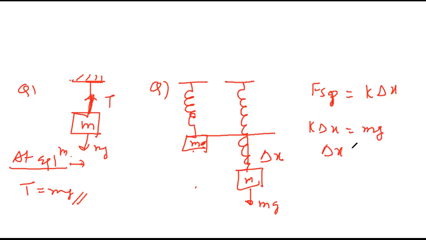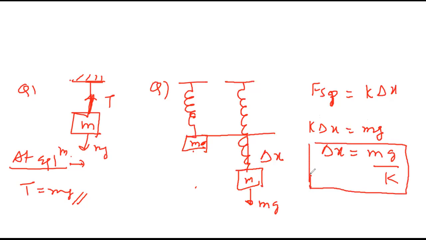So from this I can say at equilibrium delta x will be mg upon K. Yes, sir. Now delta x is mg upon K at equilibrium.